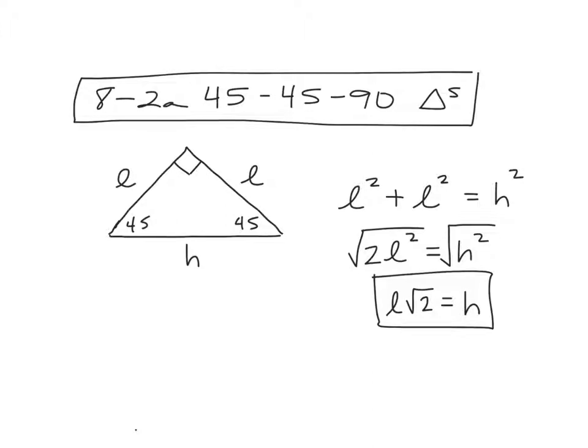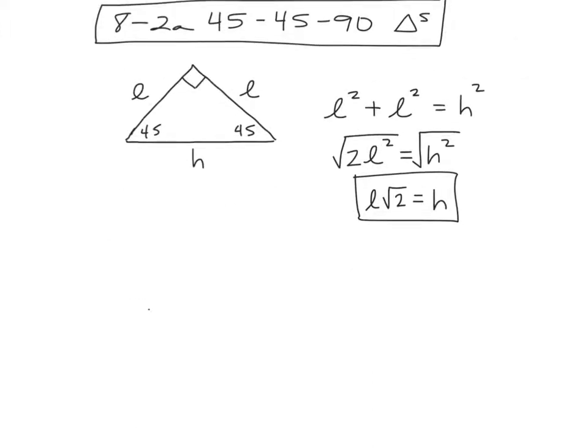Okay, let me show you that in terms of all L's then. So if we have a 45, 45, 90, by the way, you don't need all three angles written in a 45, 45, 90, right? You only need one 45 or two 45s and no 90, or one 45 and one 90. So if I just gave you this triangle, you know right now that's a 45, 45, 90 because of the angle addition postulate.